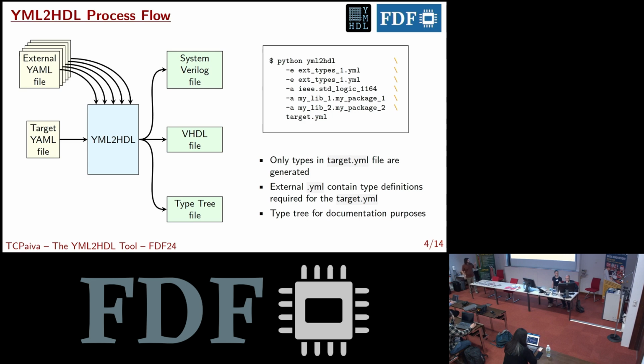What's important is that, since you can use external files, only the custom types that are defined in the target file will be in the output, in the generated files.